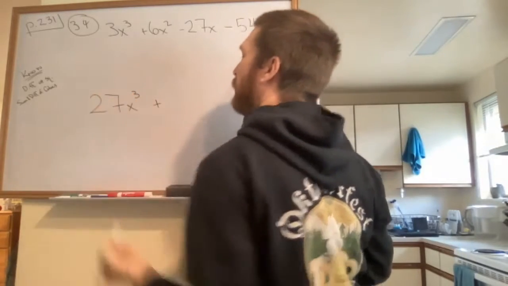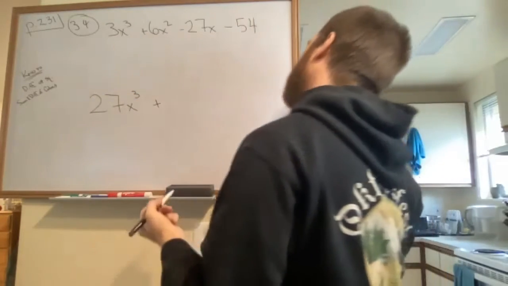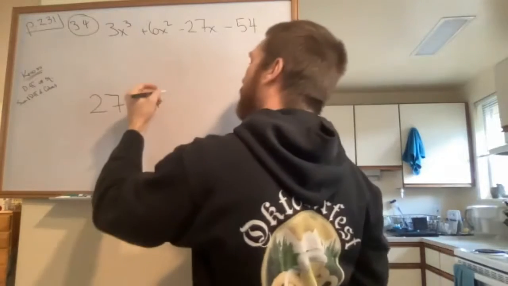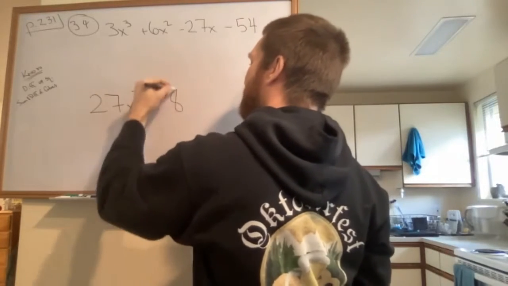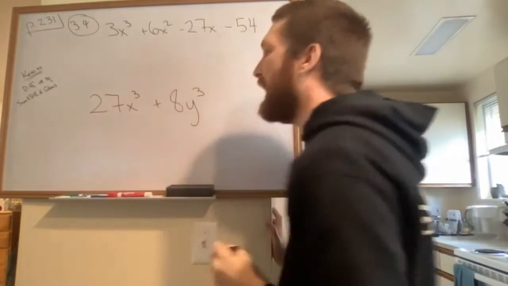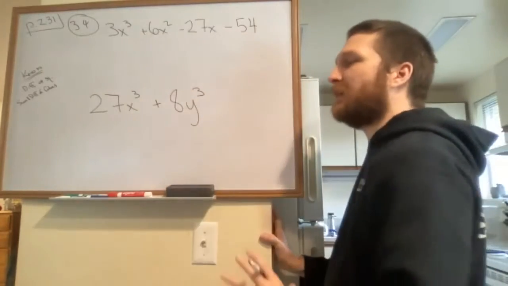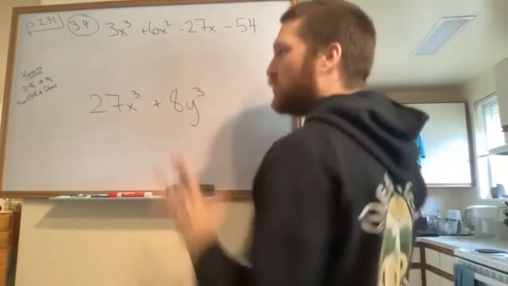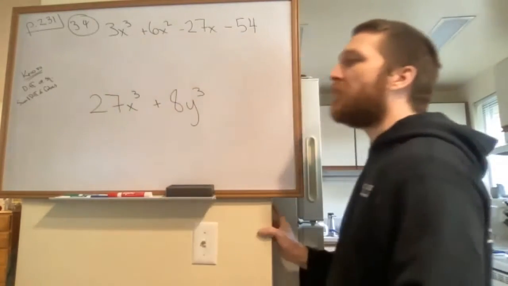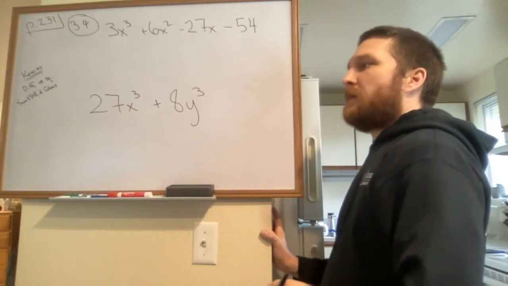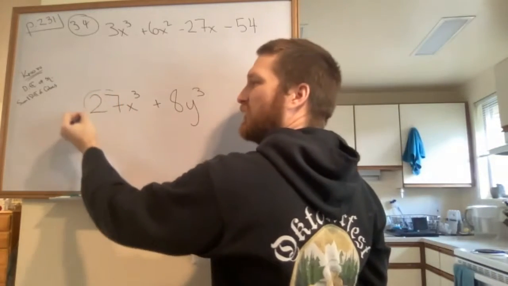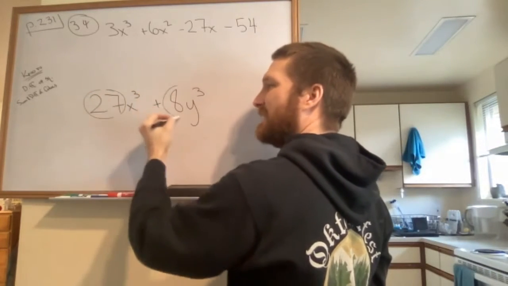27x cubed plus another cube, how about 8y cubed? I would immediately recognize, that's a sum of cubes. I know what to do with that, right? Because that's a cube and that's a cube.